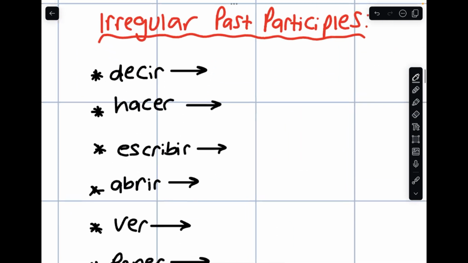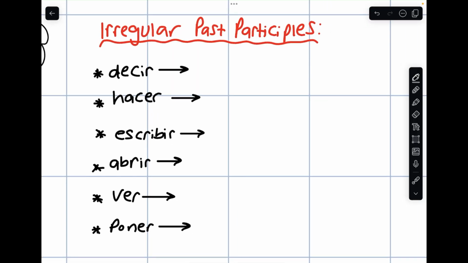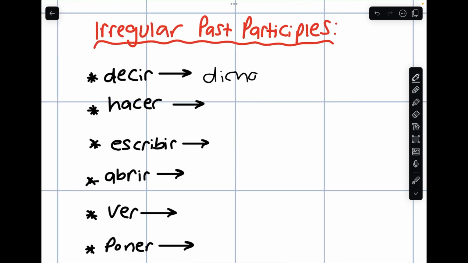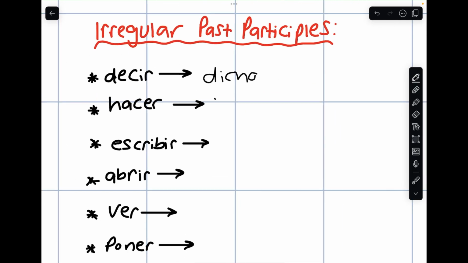Now because this is Spanish, there are some irregular past participles to learn. So I can't always take off the ending and add on the ado or the ido. For example, take decir, to say, we would expect for it to be decido. However, it actually becomes dicho. For hacer, we would expect it to become hacido, but it doesn't.